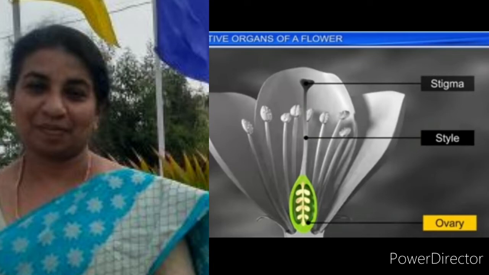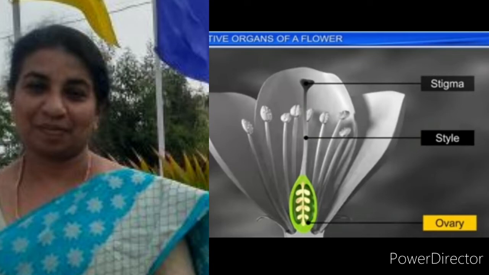Second part, style. It is an elongated tube-like structure connected with the stigma and the basal bulged portion called ovary. So the pistil or carpel contains three parts. What are they? Stigma, style and the ovary.